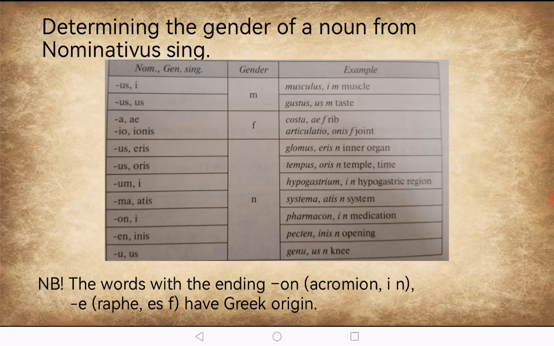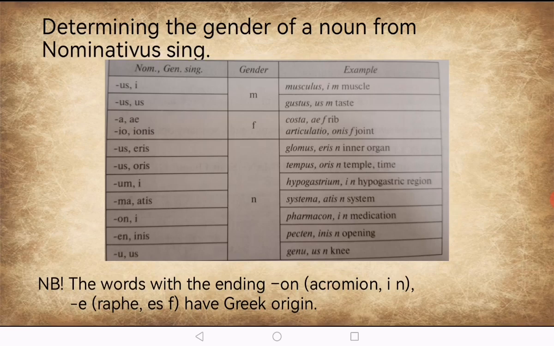Look at the scheme and you'll see that masculine nouns mostly have the ending US. US is the nominative singular ending, I is the genitive singular, and US. For example, musculus, musculi, masculinum, muscle.